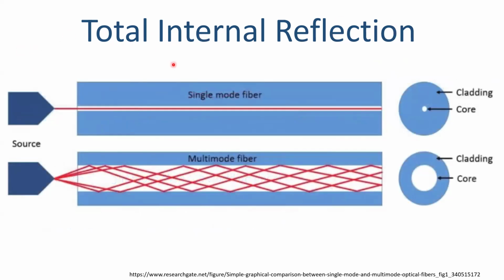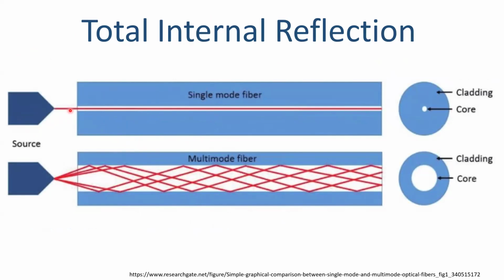Thanks to total internal reflection, we are able to accomplish signal transmission. Now, we distinguish multi-mode fiber and single mode fiber. Notice that the core in a single mode fiber is very, very narrow, extremely narrow.